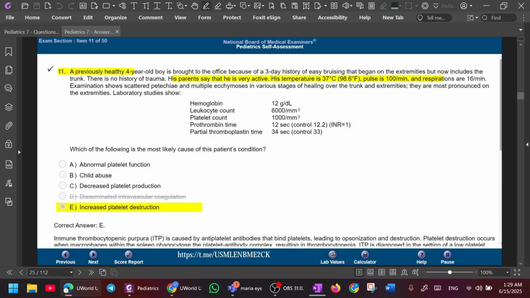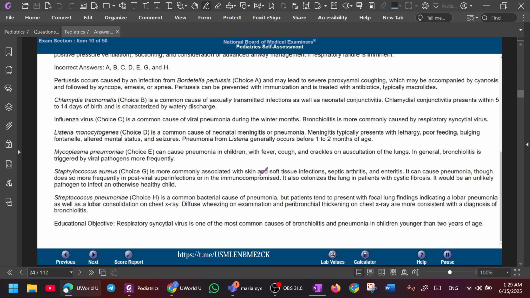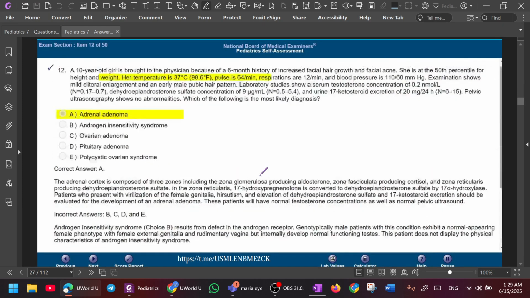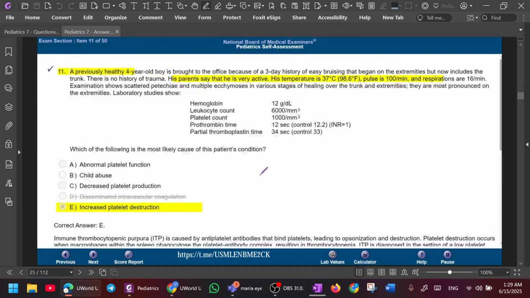Decreased platelet production usually happens in bone marrow disorders, like if there is any infection, or any neoplasm, or aplastic anemia, then low platelets can happen due to decreased platelet production. You got my point. This one is immune mediated, that's why it is increased platelet destruction.